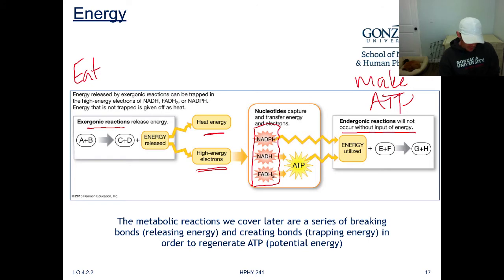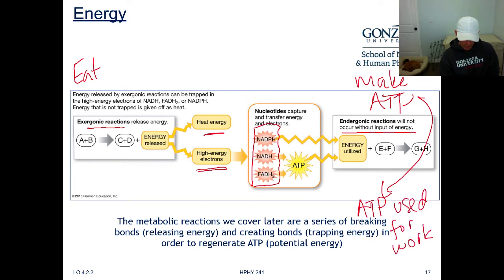Then, ATP is used for work, those three different types of cellular work that I mentioned at the beginning of this lecture. So the summary point at the bottom: the metabolic reactions that we cover later in this chapter are just a series of breaking bonds and creating bonds in order to regenerate ATP so that our cells can perform work.